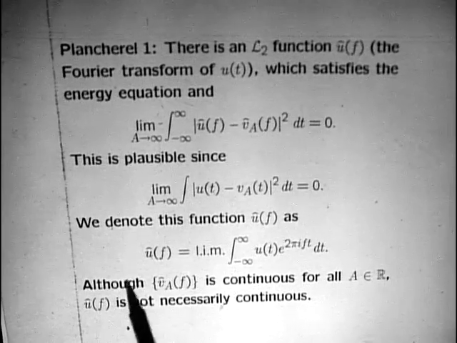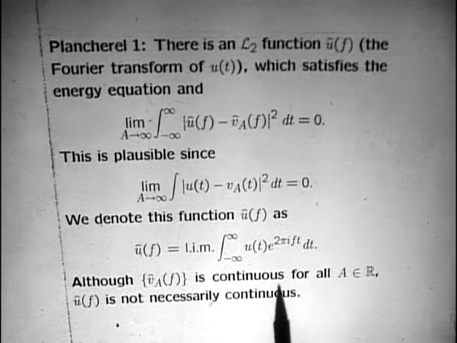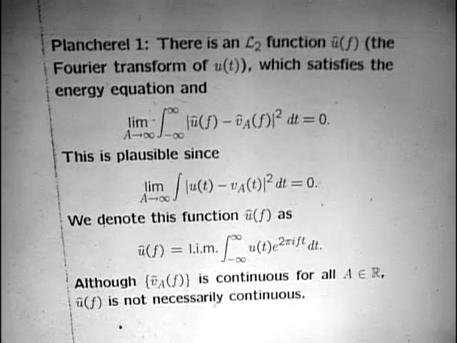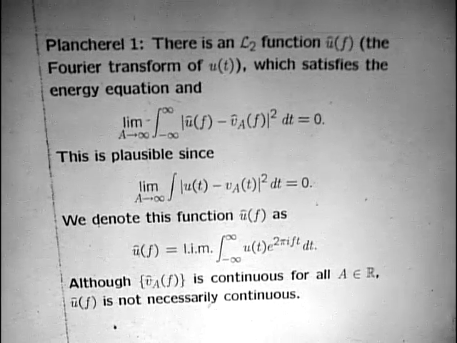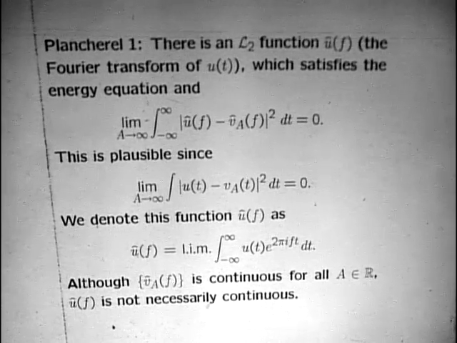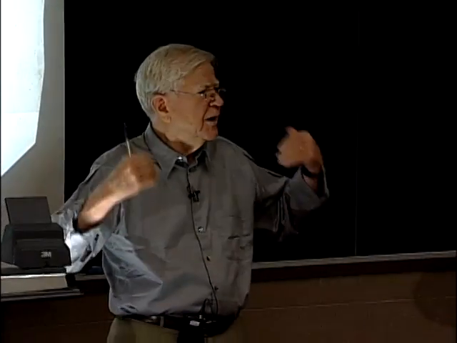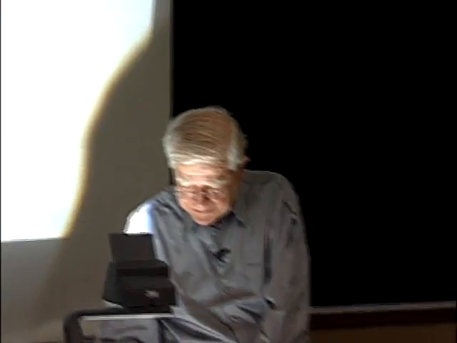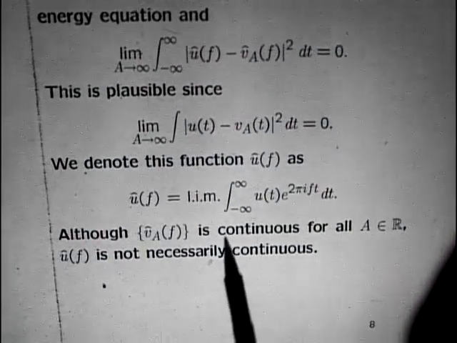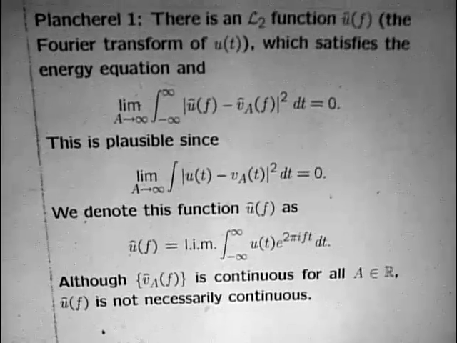In other words, we do have a Fourier transform in the same sense that we had a Fourier series before. We didn't know whether the Fourier series would converge at every point, but we knew that it converged almost everywhere but on a set of measure 0, so that you get this kind of relationship.